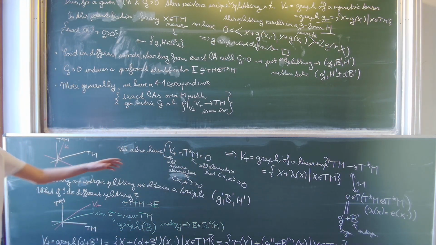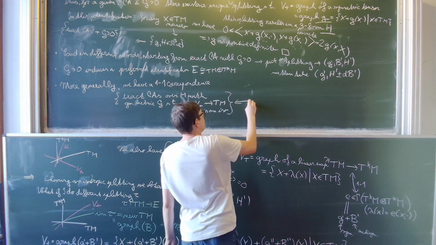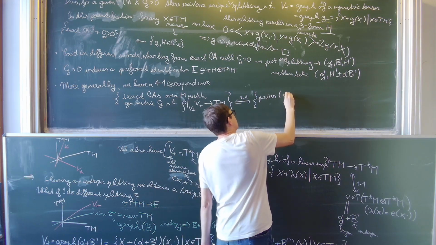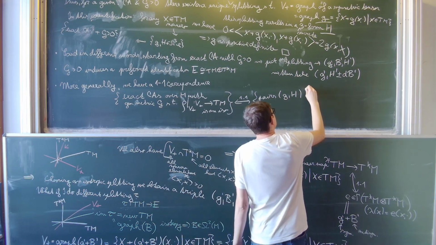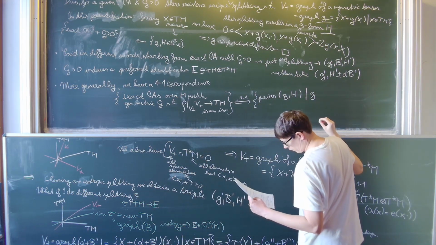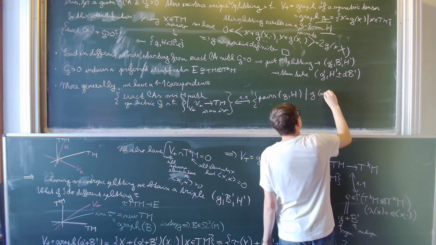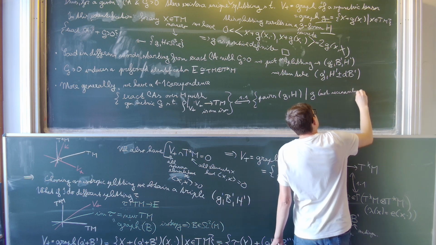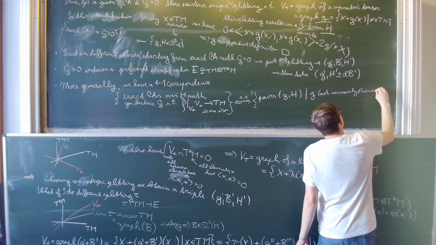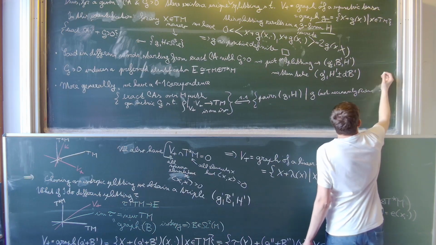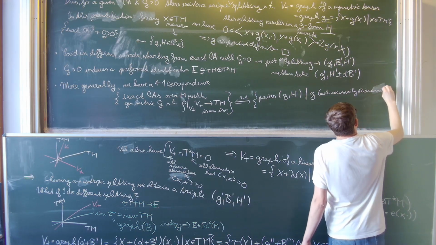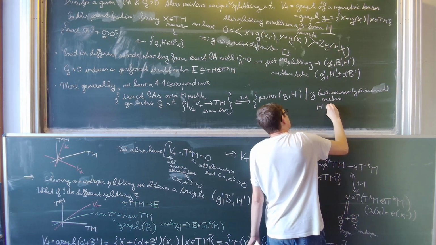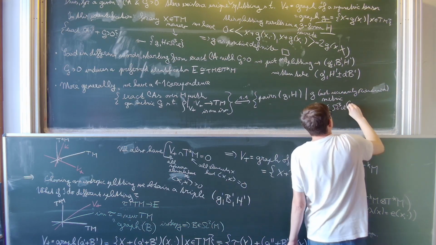This is one-to-one with pairs G, H, where G is any metric, so not necessarily Riemannian, and H is a concrete closed three-form.